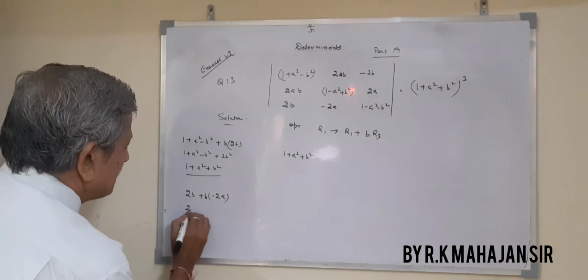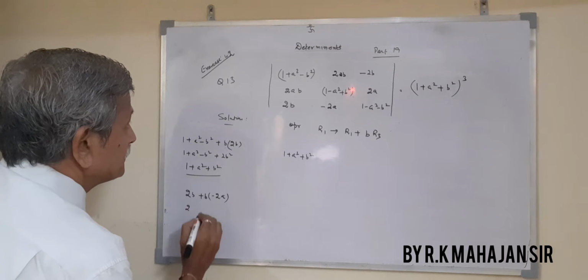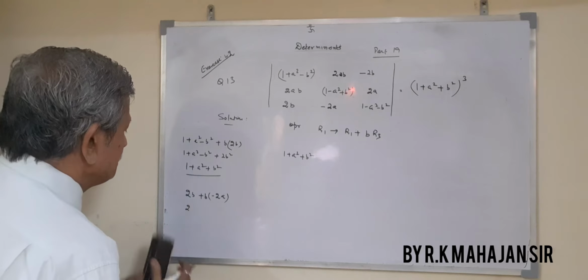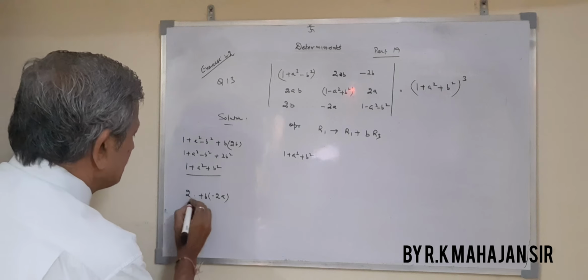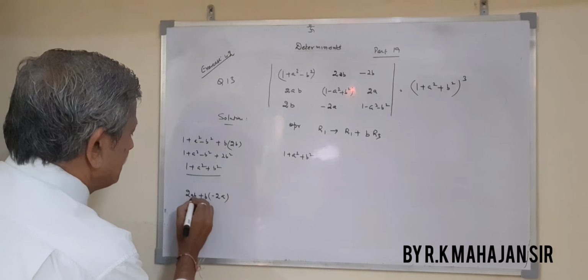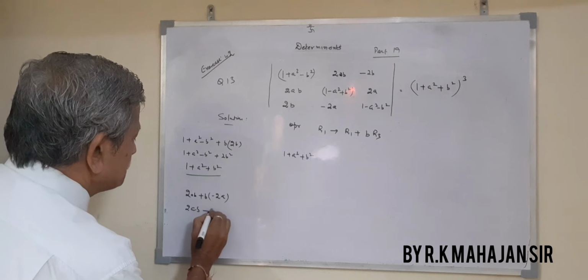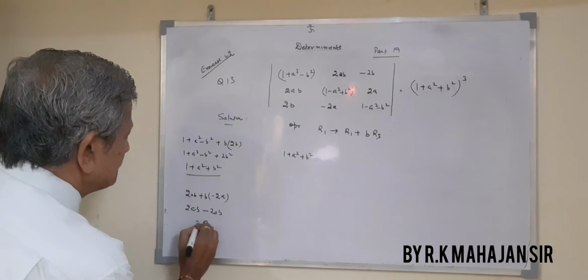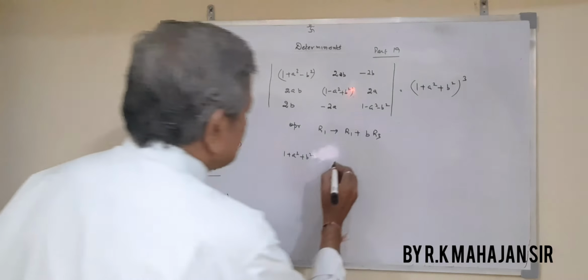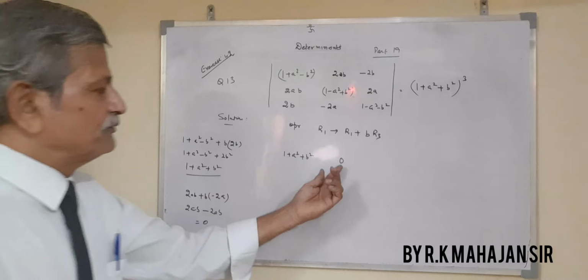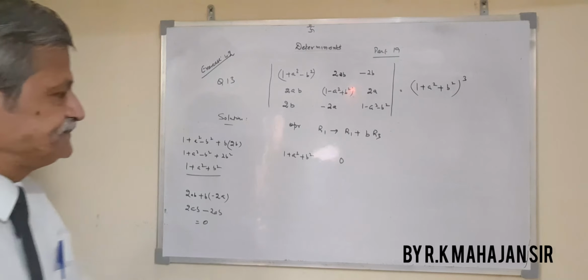This gives you 2ab, 2ab, and you would find 2ab minus 2ab gives you 0. Now in this case you would find the second entry, A12, will give you 0.